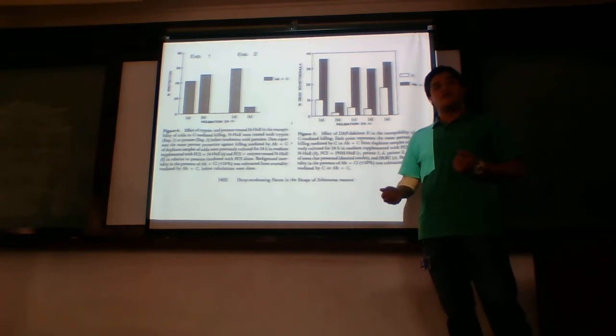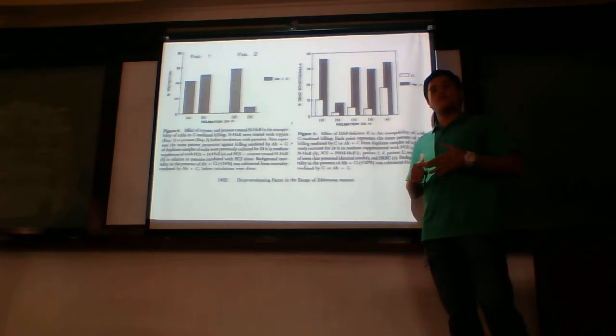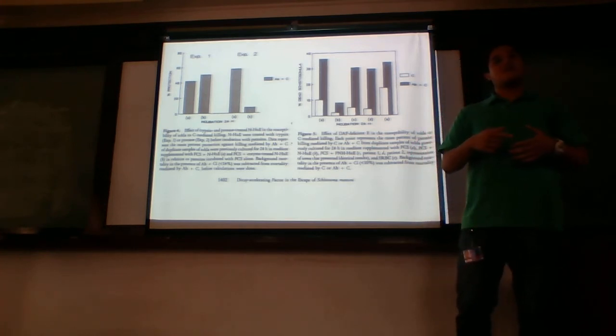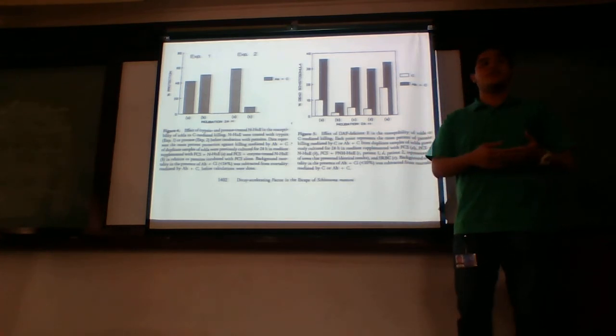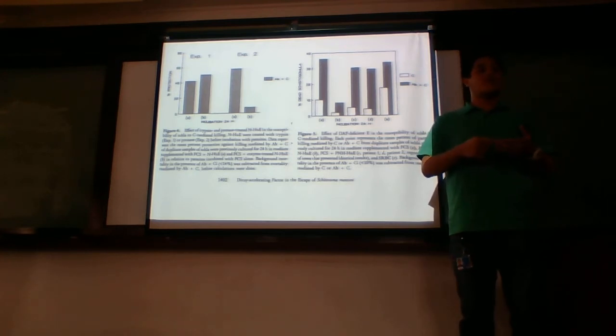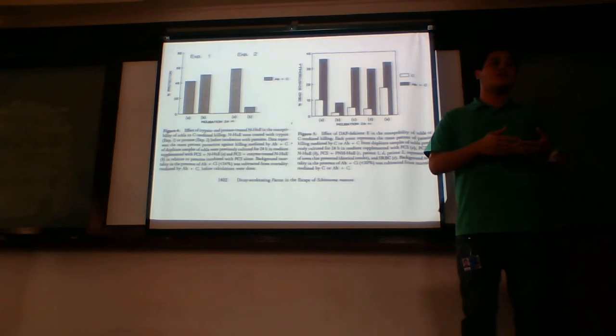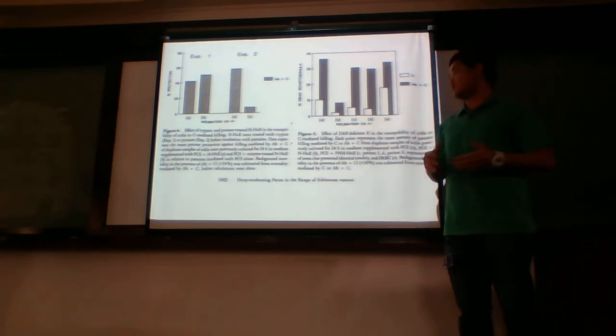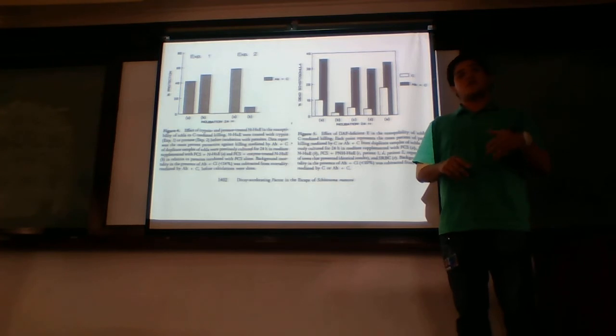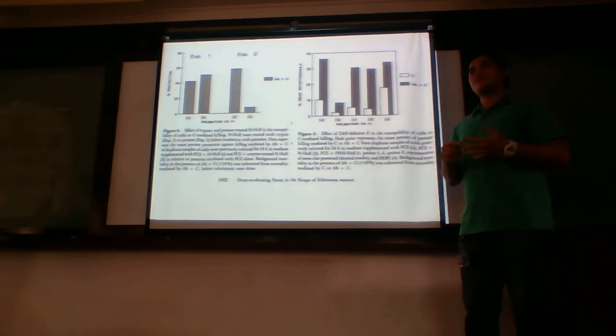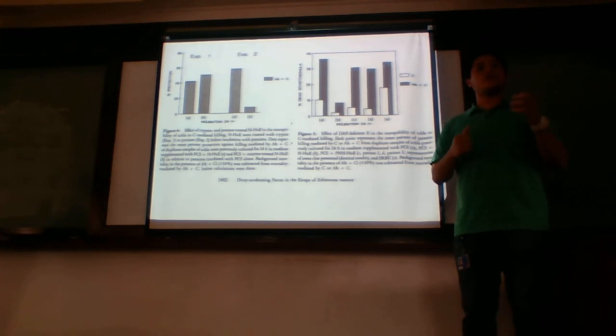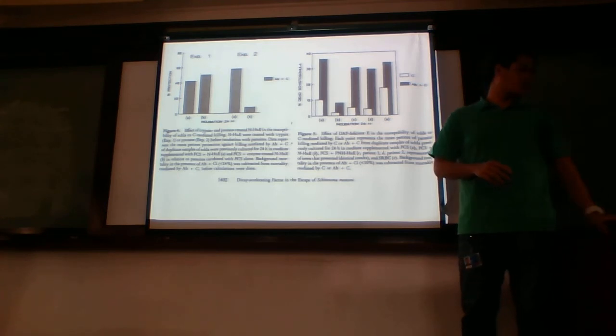So when they did this, they proved that decay accelerating factor was being used by Schistosoma mansoni not to directly inhibit the complement system, but to protect itself from the cytotoxic activity, which was the product of the complement system. That is because DAF and the C3b pathways were both already discovered to inhibit the cytotoxic activity of the complement system.